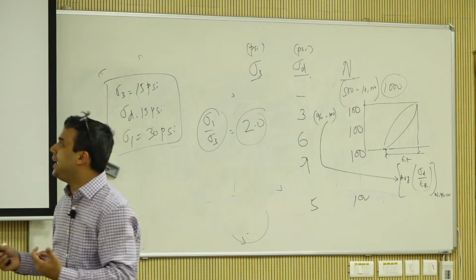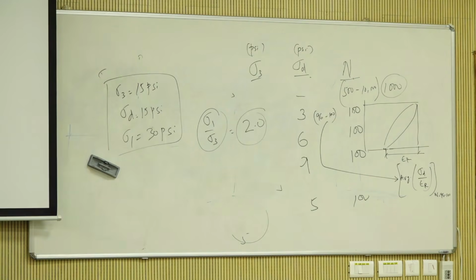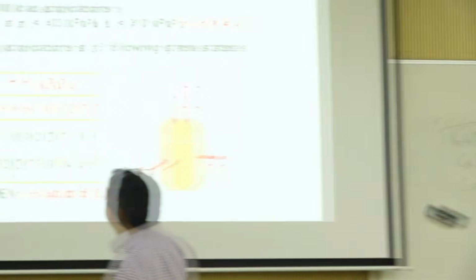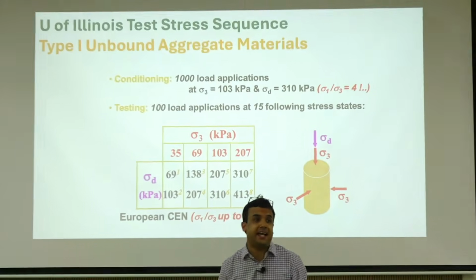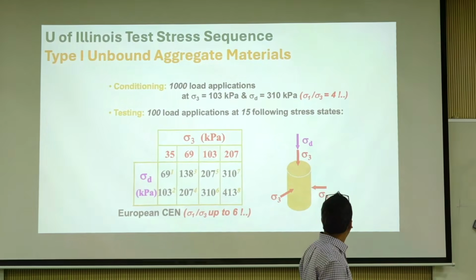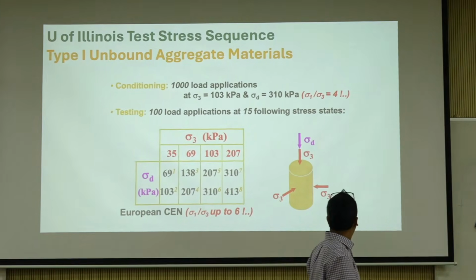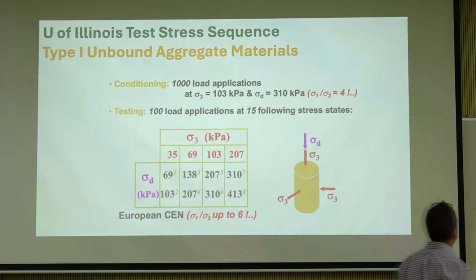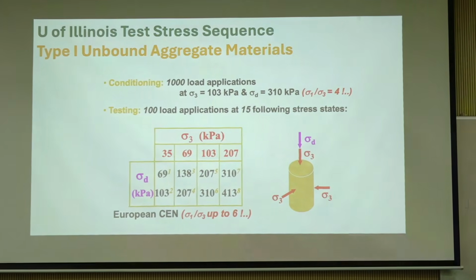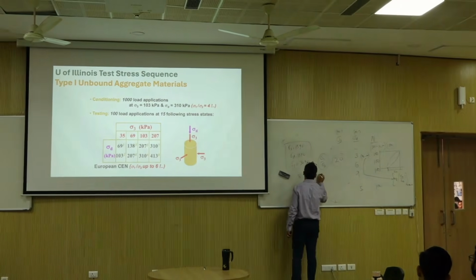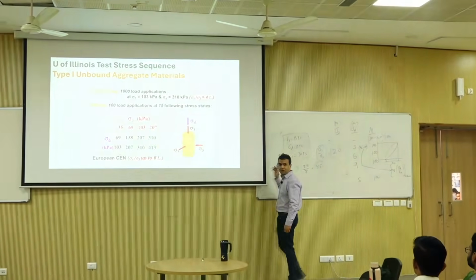So what they did is, this is actually another of Professor Thompson's works. He used sigma 3 of 103 kPa, but sigma d of 310 kPa. So 310 divided by 7 is basically 45 psi.